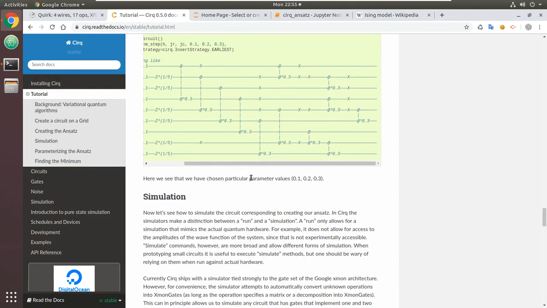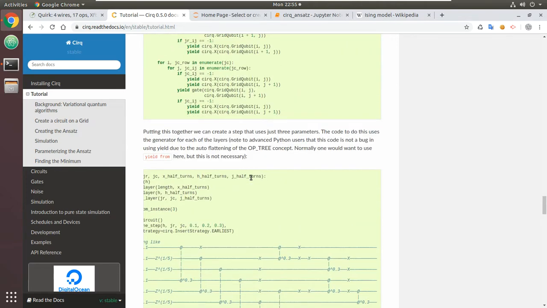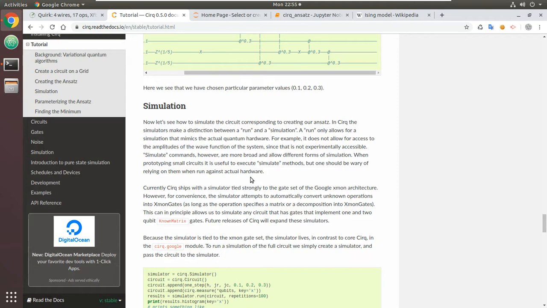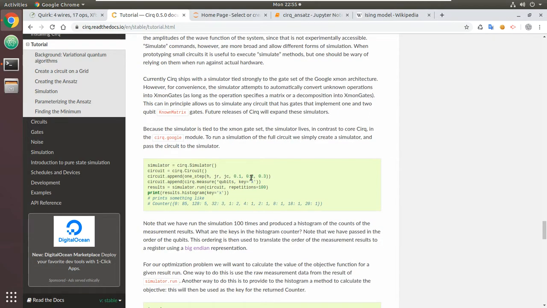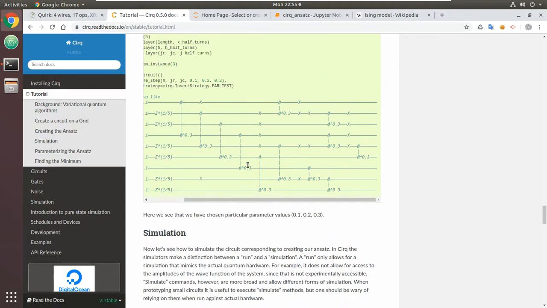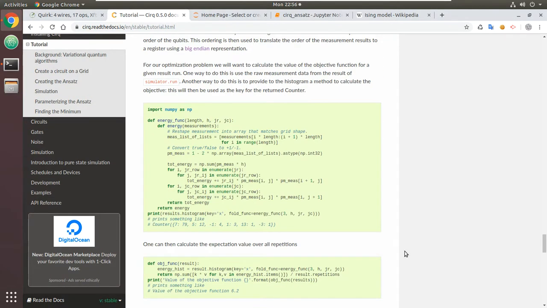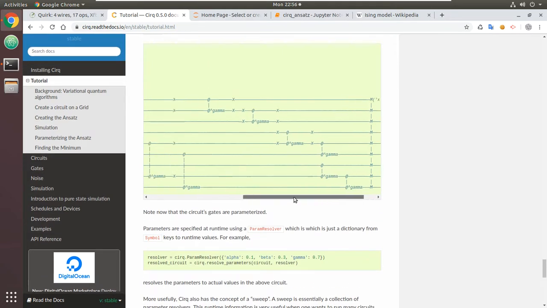For a second I was thinking maybe that's some kind of measurement on the x-axis or something. Interesting.